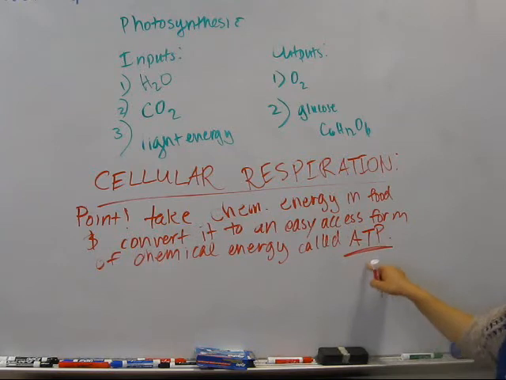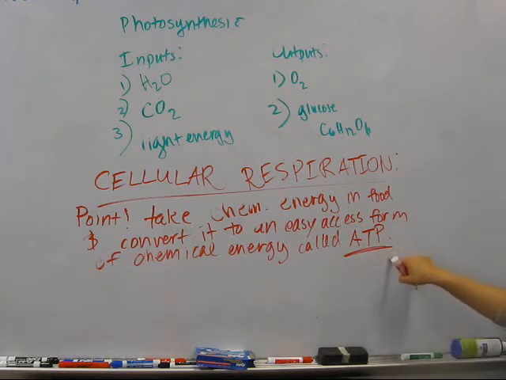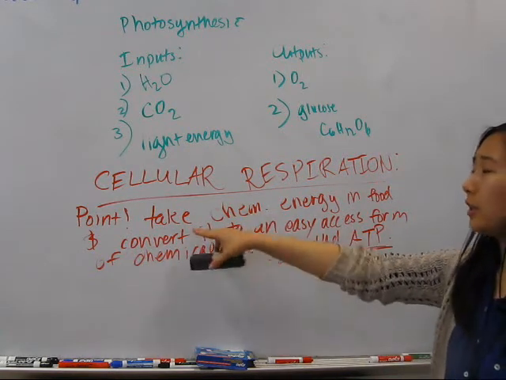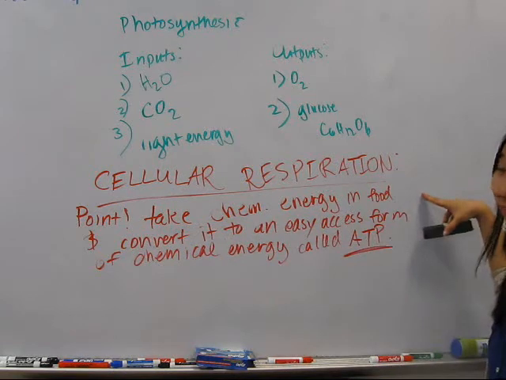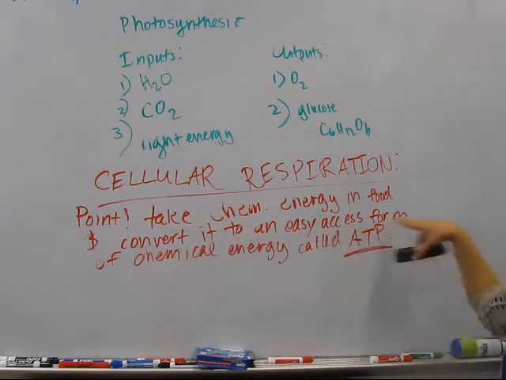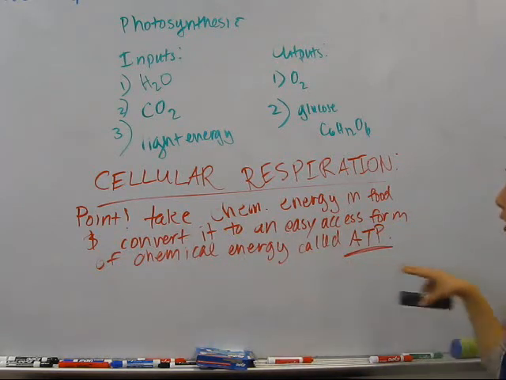This is very important, muy importante for you to understand ATP. Right, we're going to talk about it a lot in a second. Right, so this is the point. You're going to take chemical energy in your food, like glucose, and you're going to convert it to an easy access form of chemical energy called ATP.